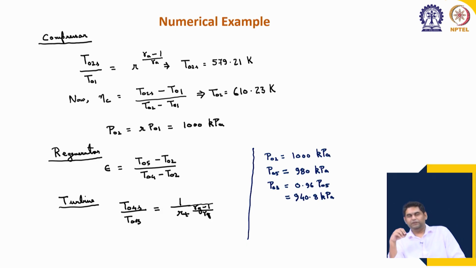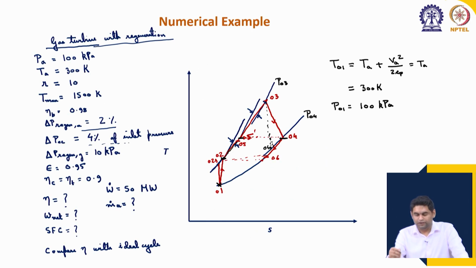Now, is this sufficient to calculate the pressure ratio for the turbine? Think for a moment. Is there any other pressure loss? There is another pressure loss, which is at the gas side of the regenerator, but how does it affect the turbine process, because this is after the turbine? So, it affects the turbine process because ultimately the exhaust gases after the regenerator have to go out at the ambient pressure.